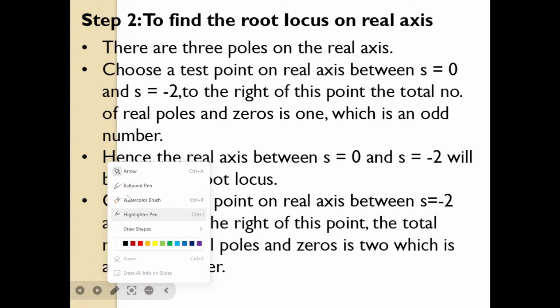Number of poles are 3, number of zeros are 0, so n equal to 3 and m is equal to 0. Therefore q will vary from 0 to n minus m minus 1. So q will vary from 0, 1, 2.